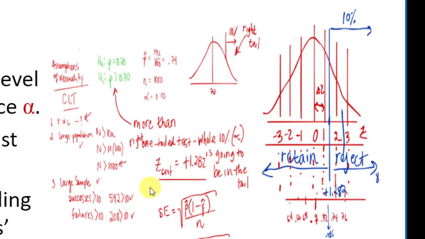The next part is, is the population large enough for us to be able to meet the condition of a large population? And we know that the population has to be at least 10 times as big as the sample size. And since the sample was 800 and 10 times 800 is 8,000, in order for the central limit theorem to apply, the population of interest has to be greater than 8,000.